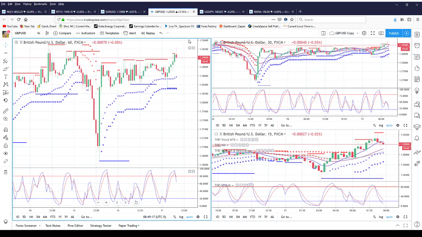Let's go look at the British pound because this one is about to finish. I would really like to see a retracement on the 15-minute chart.